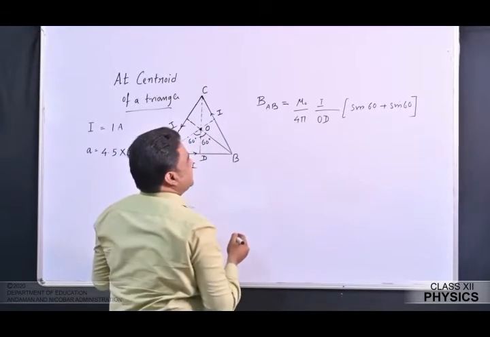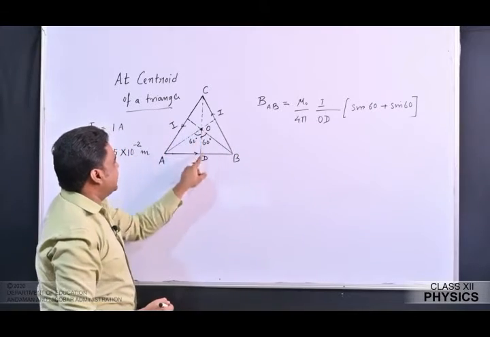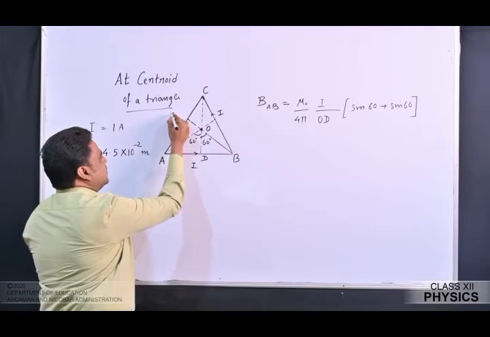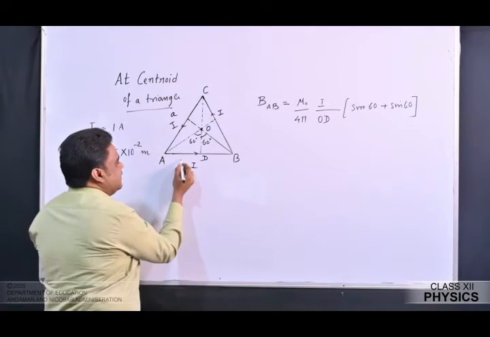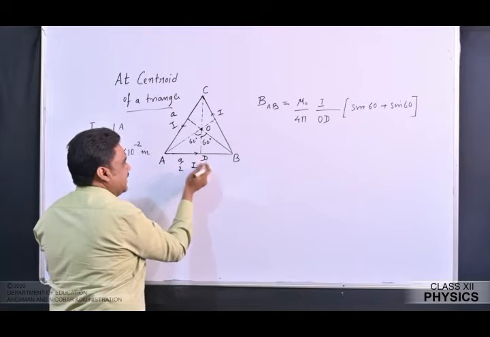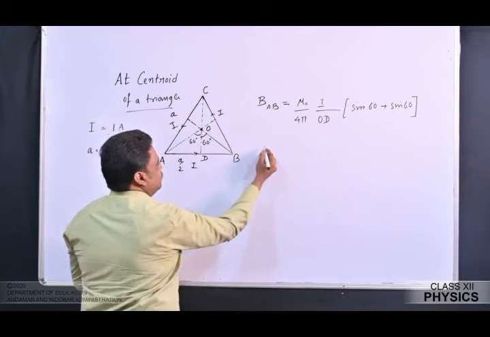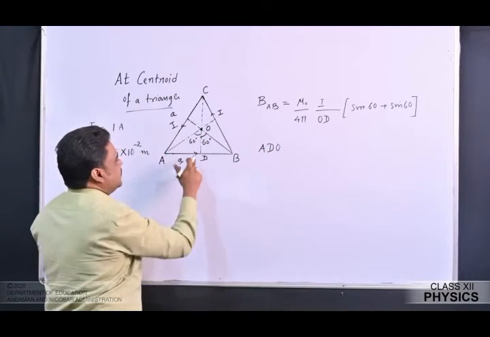Now, what is unknown in this question is OD. OD can be obtained from this right triangle. Let us assume the side of the triangle is A, so this part AD will be A by 2. The part AD will be A by 2. We are able to see a right triangle ADO. From right triangle ADO, I can use tan 60.